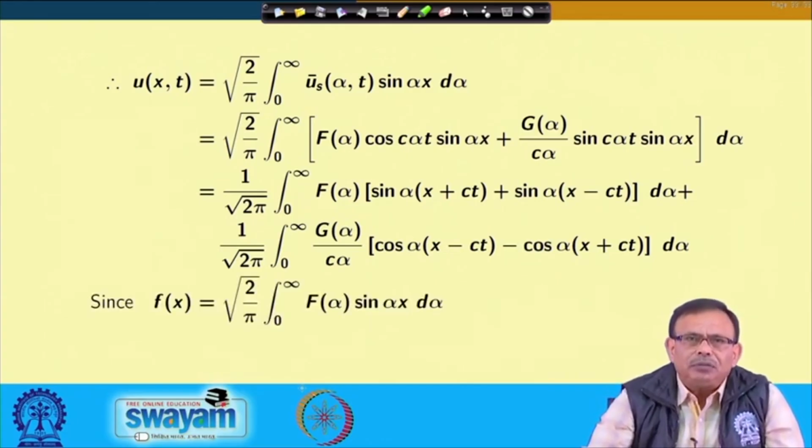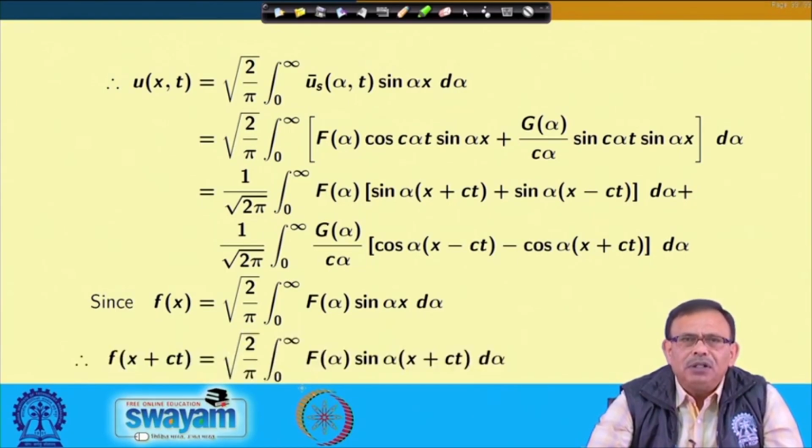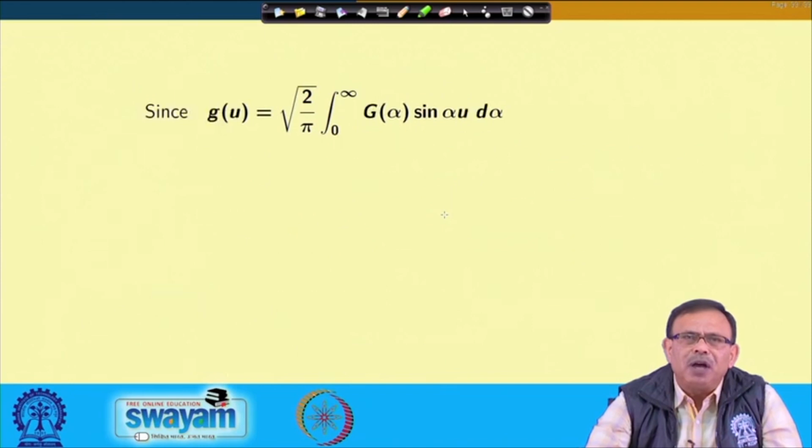What I am doing: I know that f(x) equals root over 2 by pi times the integral from 0 to infinity of F(alpha) into sin of alpha x. Therefore, f(x+ct) will be root over 2 by pi F(alpha) into sin of alpha (x+ct). That is whatever I am getting here, and similarly f(x−ct) also I can find out. Also, now see for g what happens. g(u) is root over 2 by pi times the integral from 0 to infinity of G(alpha) sin alpha u du, from the inverse Fourier sine transform.